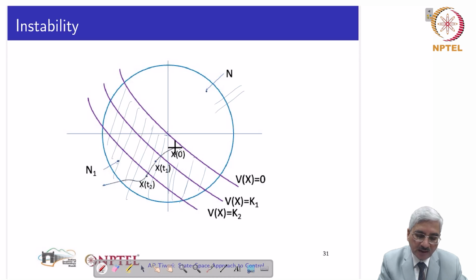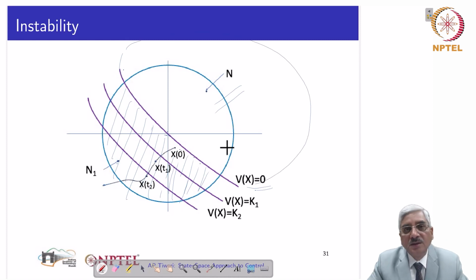Now I have shown by hatching, and we have V(x) which is 0 at the origin, and this is denoting the Lyapunov function V(x). This is for V(x) equal to 0, this is for V(x) equal to K1, K1 non-zero, this is for V(x) equal to K2, K2 greater than K1, both non-zero.